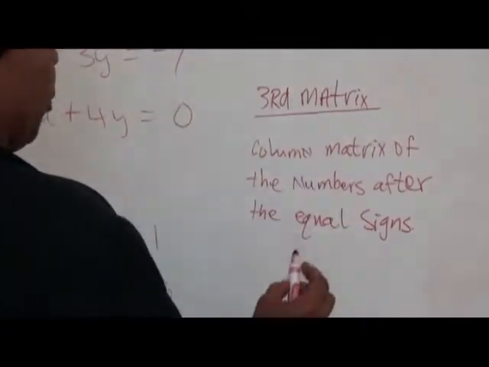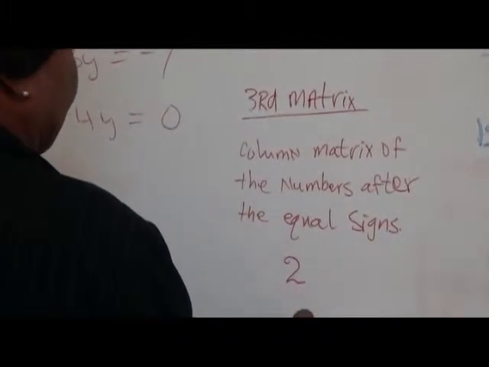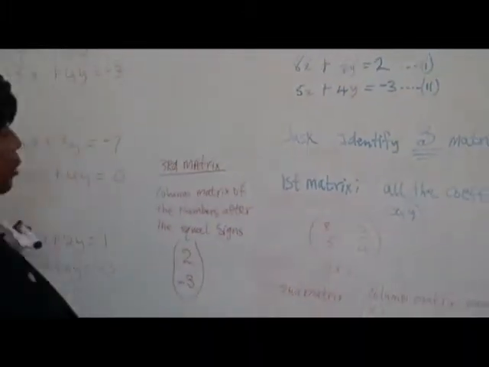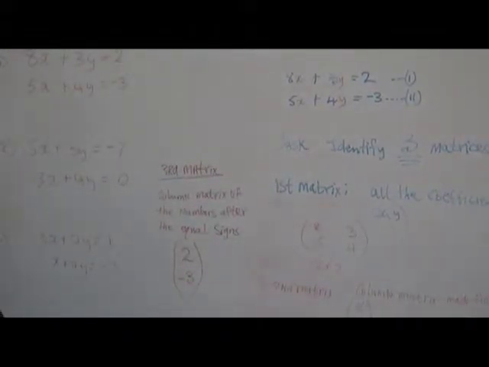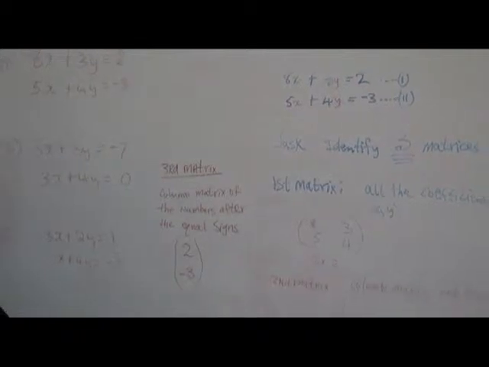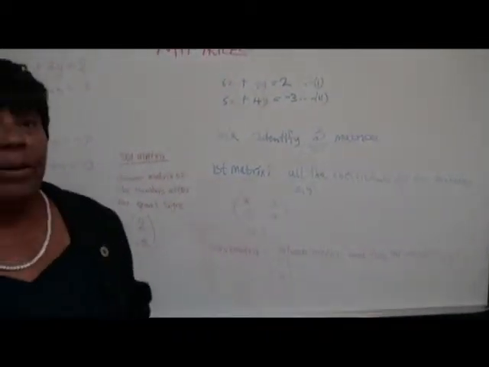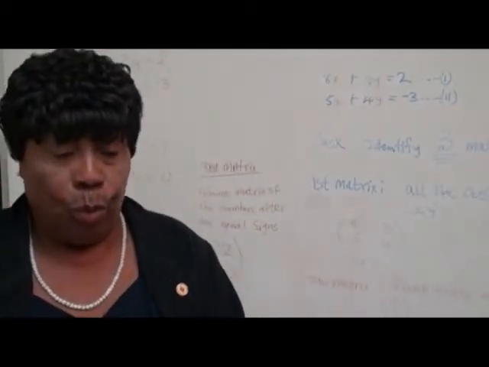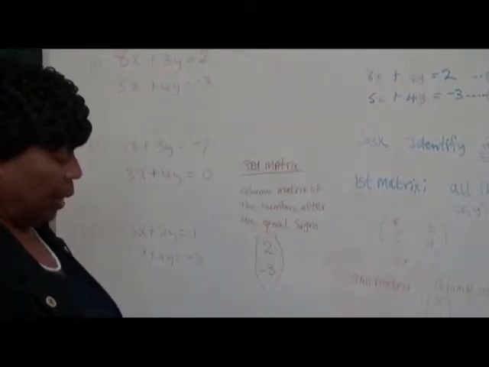So those numbers in our case here would be 2 and -3. And again, a column matrix. Alright? So that is the first task in terms of setting up our simultaneous equation to use a matrix method to solve it.